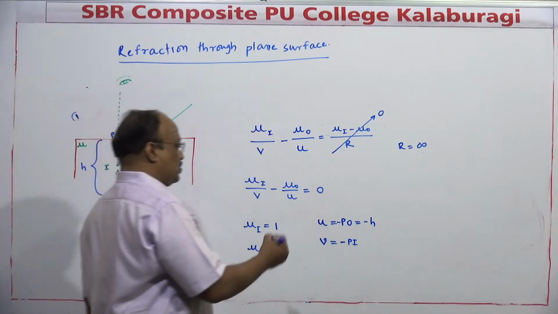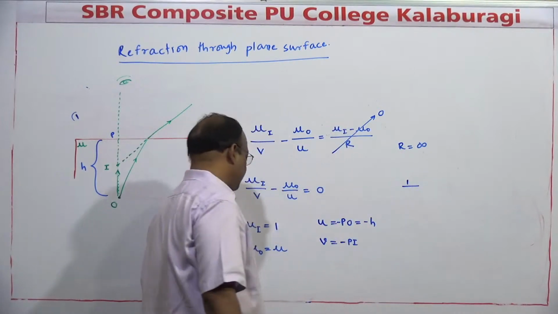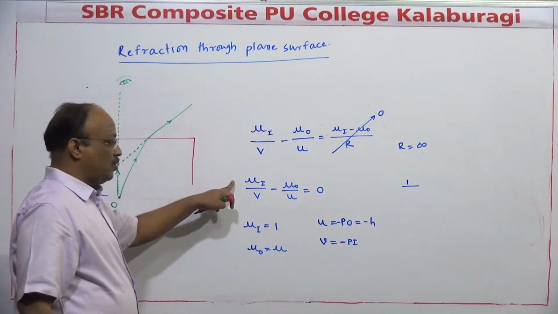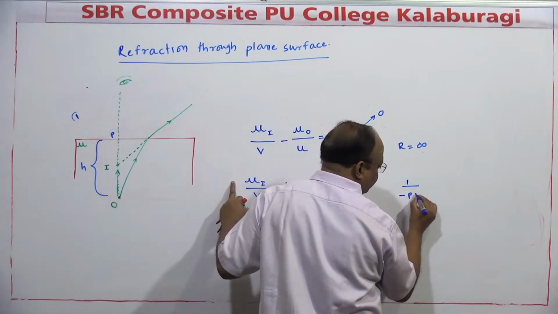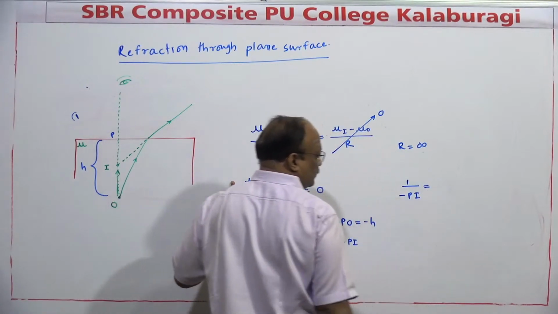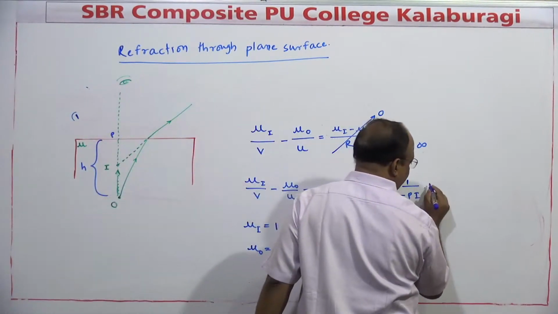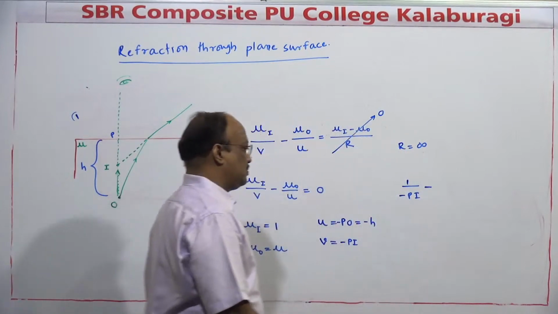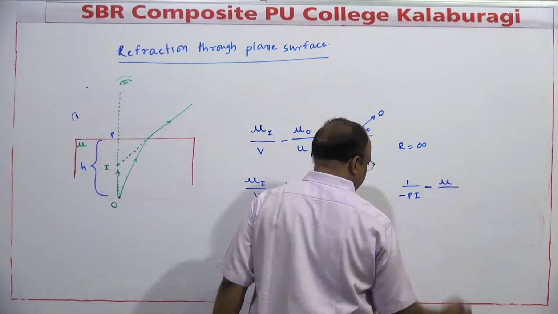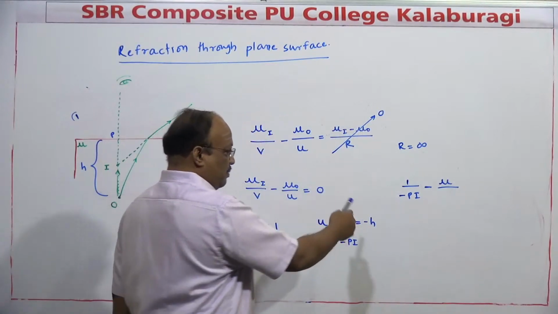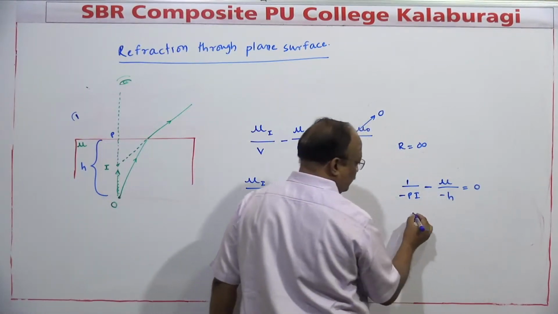Substituting these values, 1 by V is 1 by minus PI, minus mu by minus H is equal to 0.